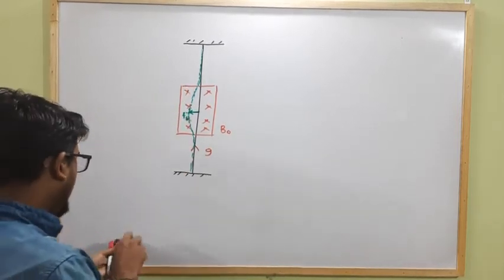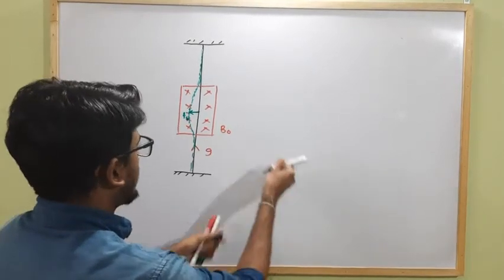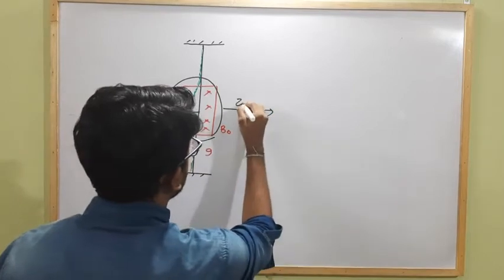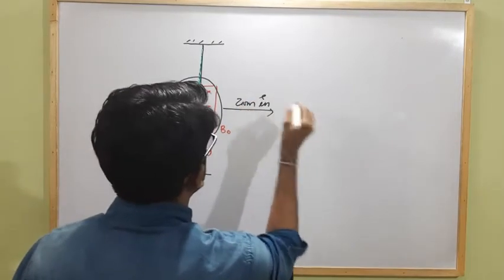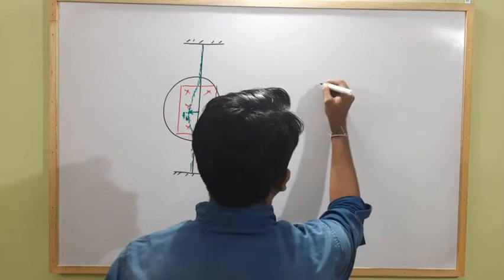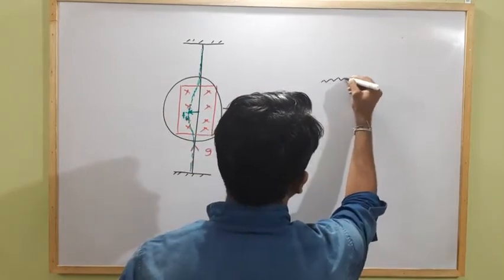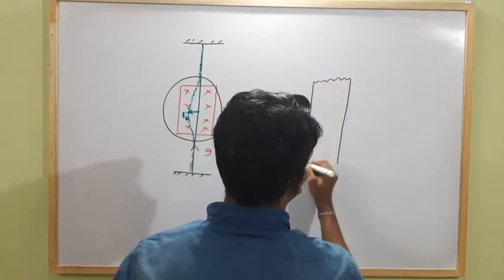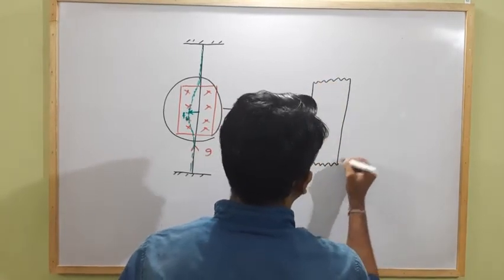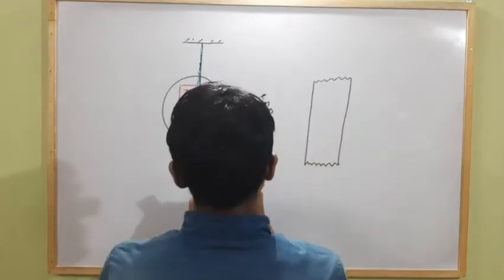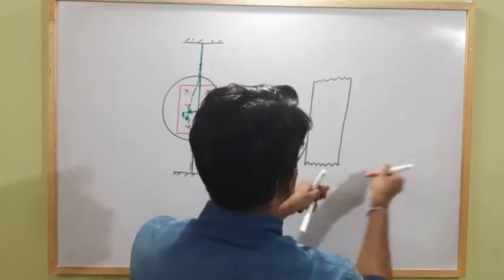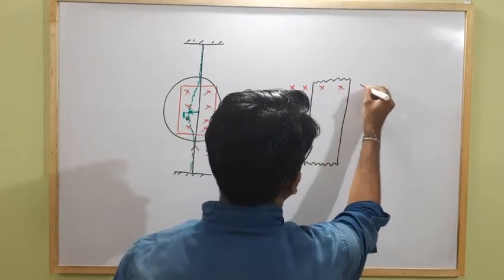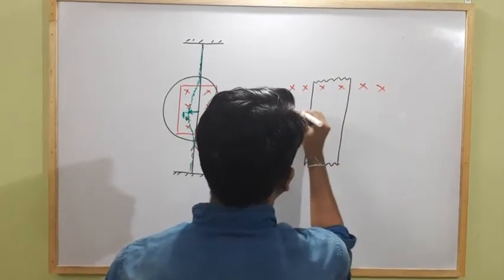So if we zoom into this region, just zoom into this portion of the current carrying conductor, it will be like this. Here is the current carrying conductor and it is placed in an external magnetic field which is acting inward.